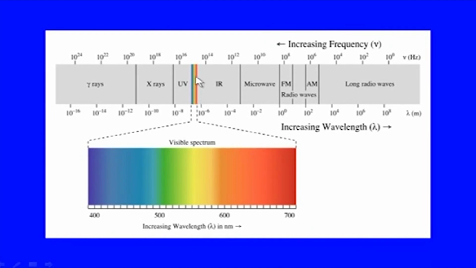After ultraviolet there is the visible spectrum, the colors which we can perceive. Then comes the infrared region, microwave, then radio waves, and then long radio waves.